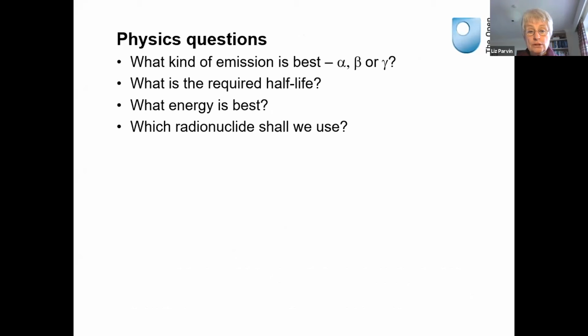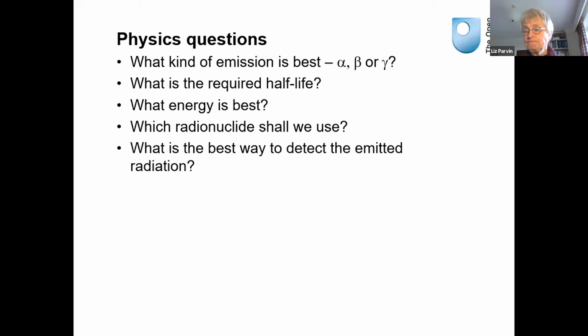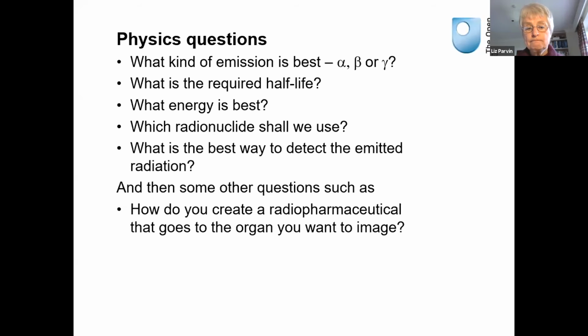And now all of those mount up to the question, which radionuclide shall we use? And it's quite surprising how few suitable radionuclides there are when you look at all of those things, but lots of superphysics thinking to do there. We've also got to think about, once we've decided, what's the best way to detect this emitted radiation? And then there's other questions which you'd have to share with people like biochemists.